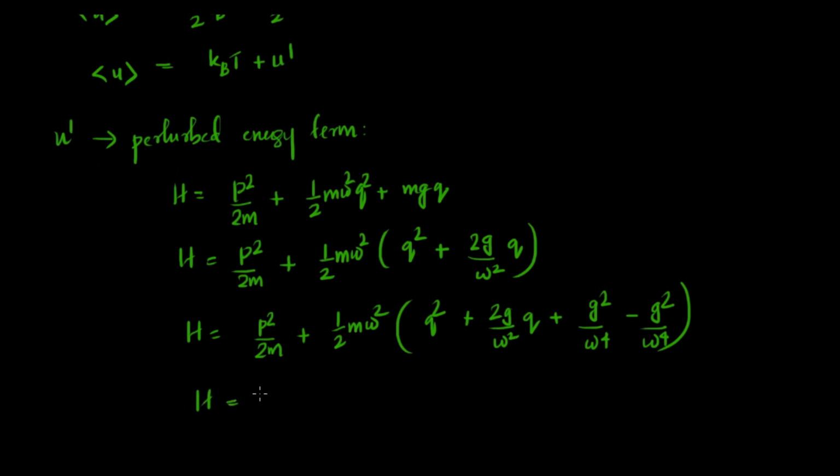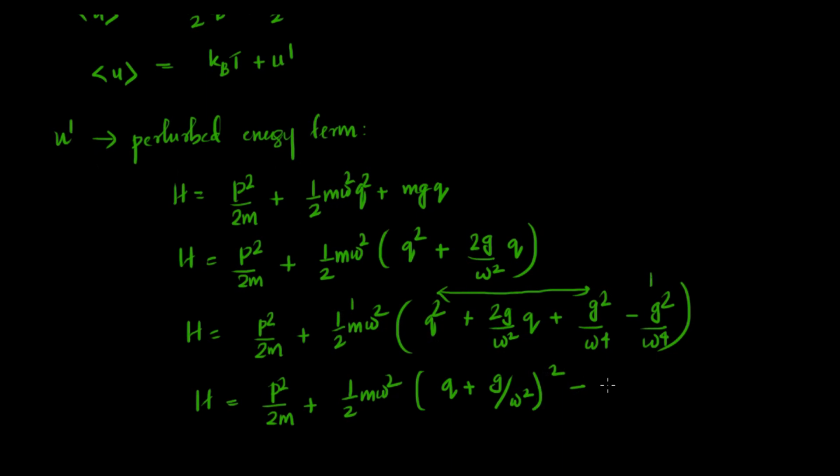So we get p square by 2m plus half m omega square, and I'm going to take this term together as q plus g by omega square the whole square minus, I'm going to multiply this term with this term, we'll get half m omega square into g square by omega raised to 4.